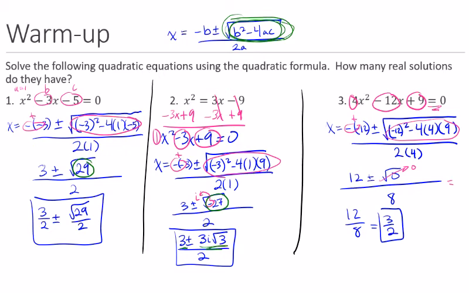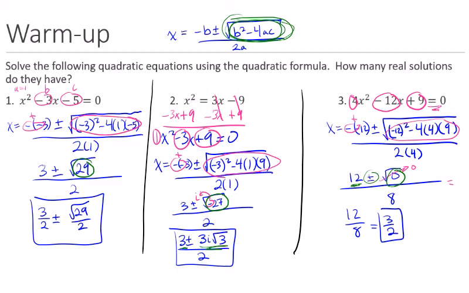And when do we have only 1 solution, like on number 3? If we look underneath that radical, what happened was we got 0. That's the only way to have 1, if you get 0. So negative b plus or minus 0 is the same as just negative b itself.